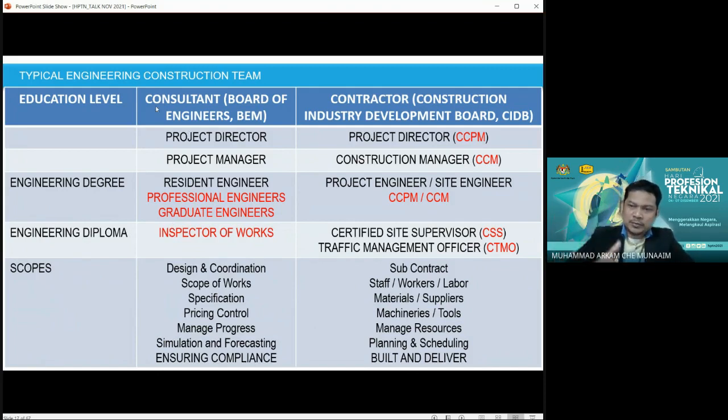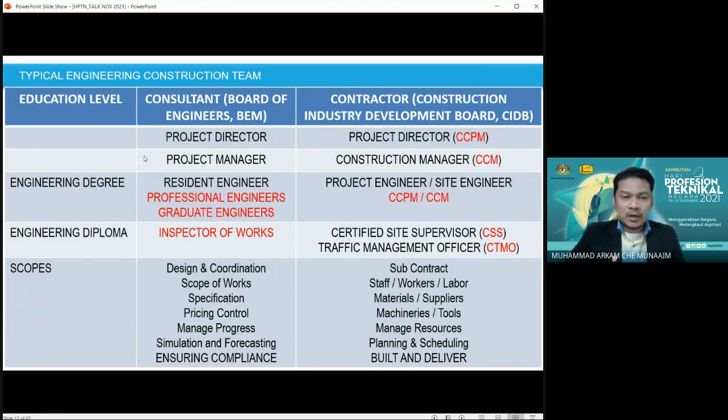So that compliance needs to be trained as well. How do they know this is compliant? How do they know this is not compliant? How do they know this is standard? This is non-standard. So basically it comes through experience as well, on how for them to understand the scope of works, how to measure the compliance of what has been constructed, how to evaluate the materials being proposed by the contractor, for example.